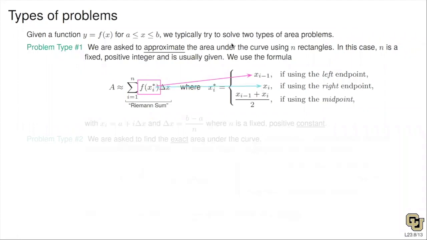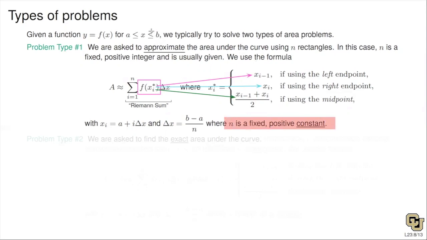Then you say, okay, hold on, I changed my mind. Let's use the midpoint. I'm going to replace x sub i star with the midpoint of x sub i minus 1 and x sub i, where x sub i is given by the formula a plus i delta x, and delta x equals b minus a over n. And the big difference I want to highlight here is that n is a fixed positive constant. That's a big deal, okay?